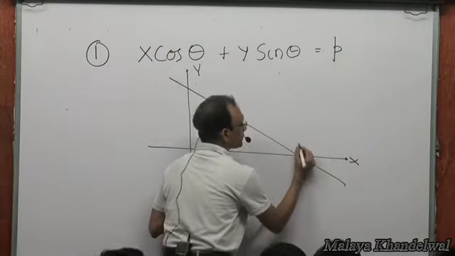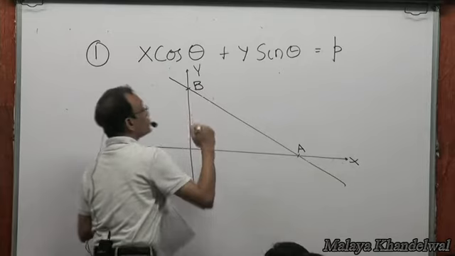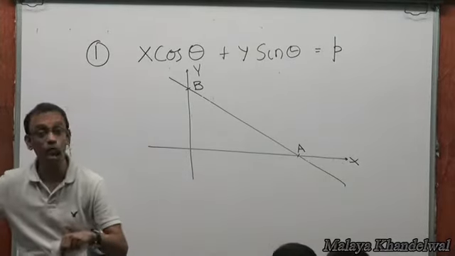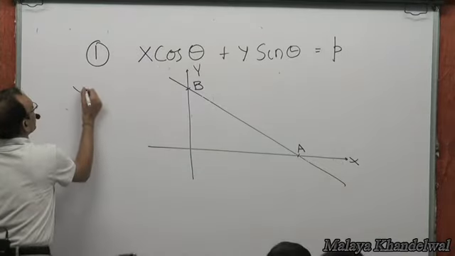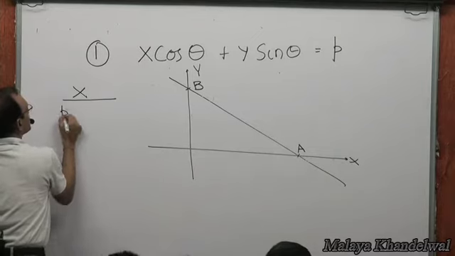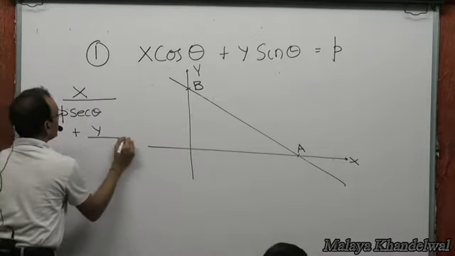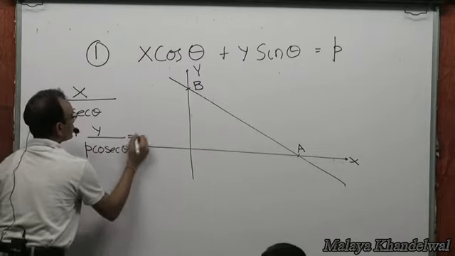And this point is A and this point is B. So while this line varies, the coordinates of A and B will vary, the x and the y intercepts will vary. This line could have been rewritten as x by p sec theta plus y by p cosec theta equal to 1, right?